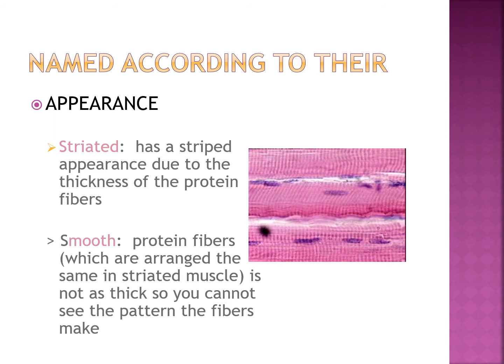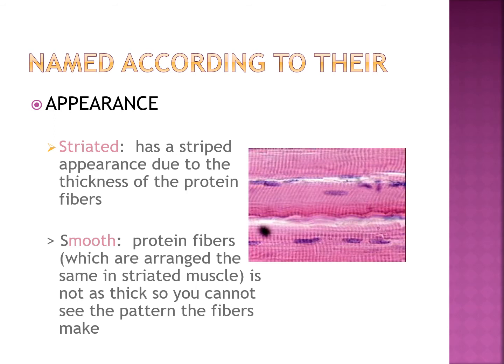Now, smooth muscle, which is also called visceral muscle, still has these same proteins in it. It still has the sarcomeres and the same arrangements, but smooth muscle doesn't have to be as strong. Smooth muscle does something called peristalsis, which you guys know of as pulsing. And smooth muscle is found in organs that have tubes in them.